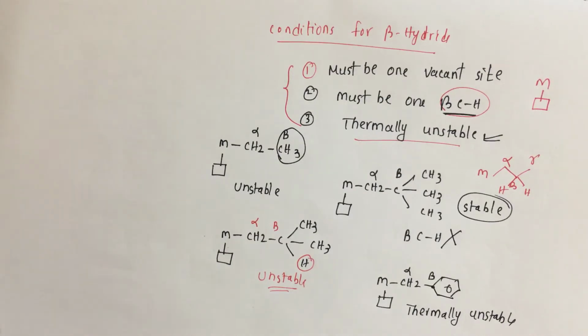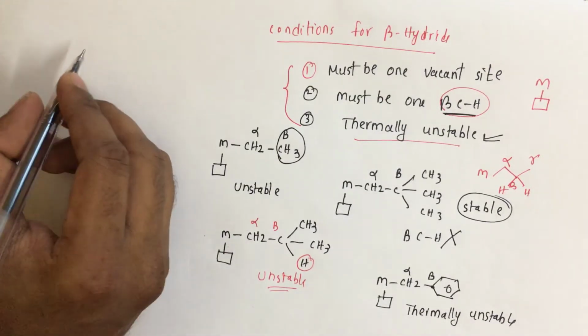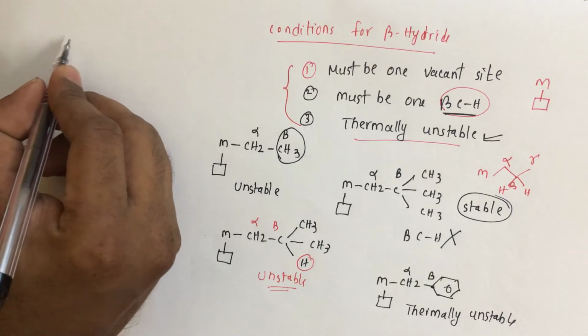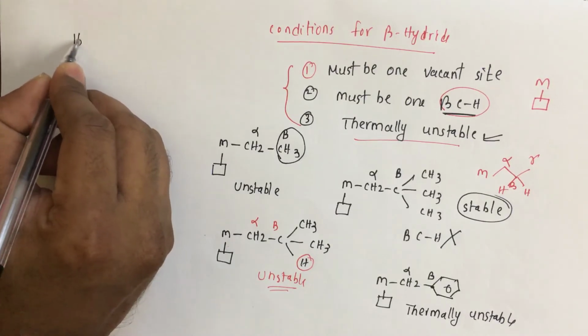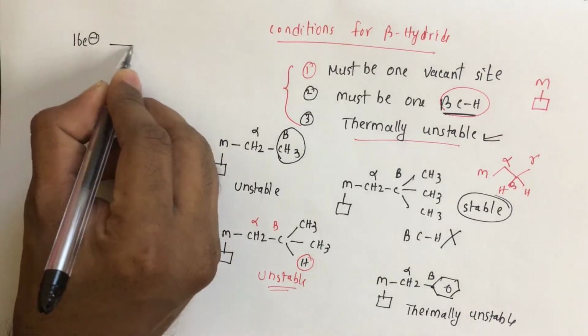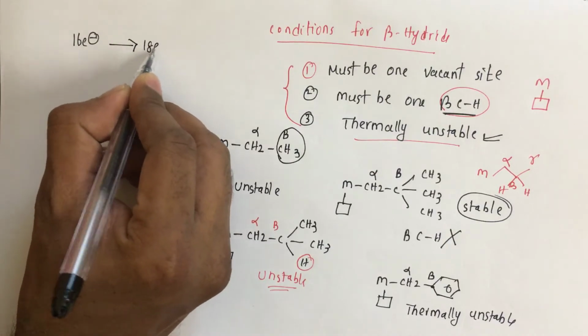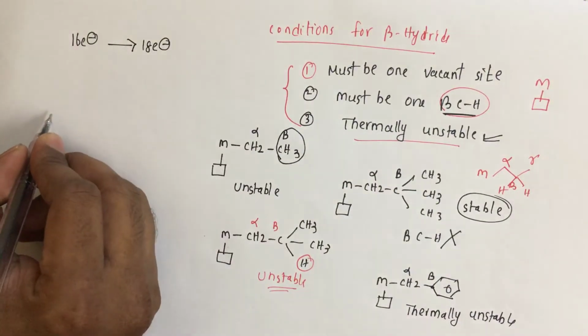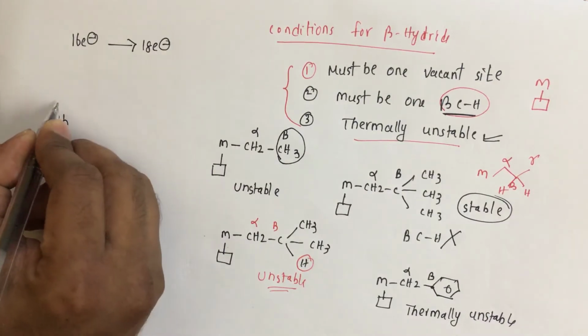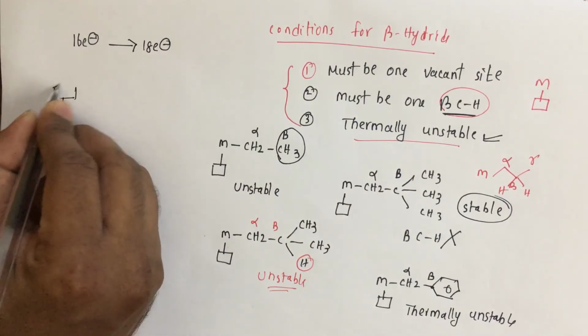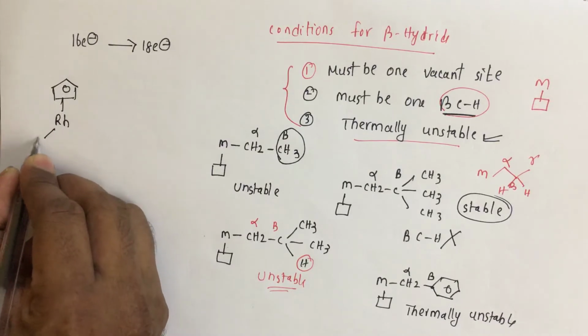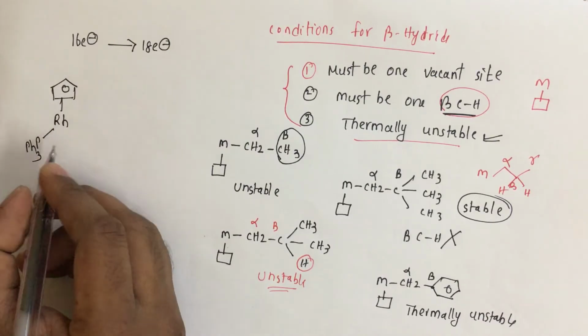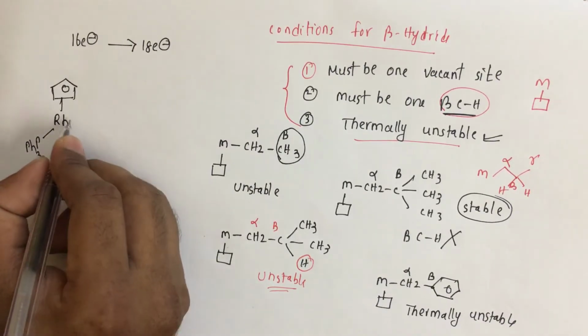Some complexes are initially 16 electron complexes and they can convert to 18 electron complexes through this beta-hydride elimination. For example, we have rhodium, with this PPh3, and here one vacant site.